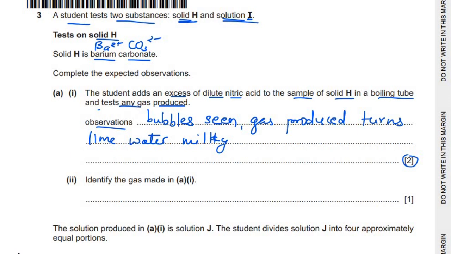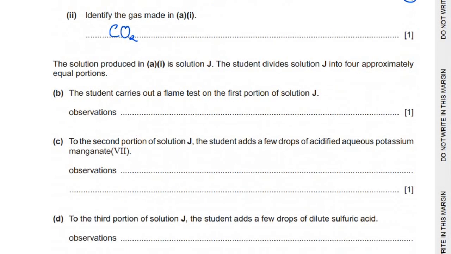Adding acid produces carbon dioxide, and if we pass that gas into lime water, it turns milky. So that is how we test the gas produced. Next, identify the gas made in A1. Here we need to write that the gas produced is carbon dioxide, CO₂, or you can write the name carbon dioxide. The next part says the solution produced in A1 is solution J.